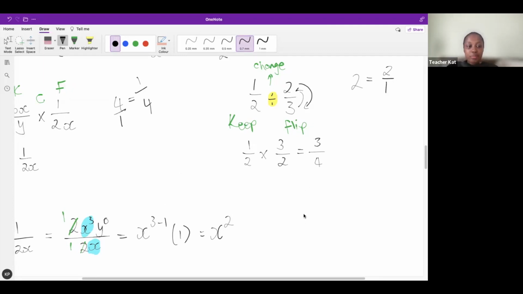So now if I'm doing the keep change flip, if I have something like 3 over 4 divided by 2, I can still do the keep change flip because I'm going to keep this as 3 over 4. I'm going to change this to a times, and instead of a 2 over 1, it becomes a 1 over 2. Do you understand what I meant, Elam?